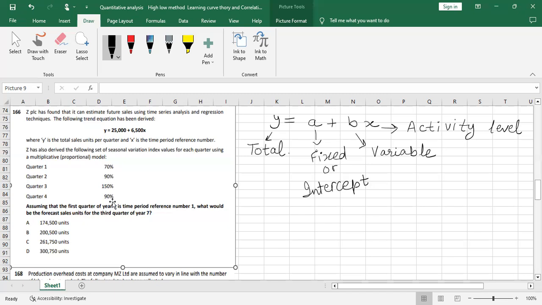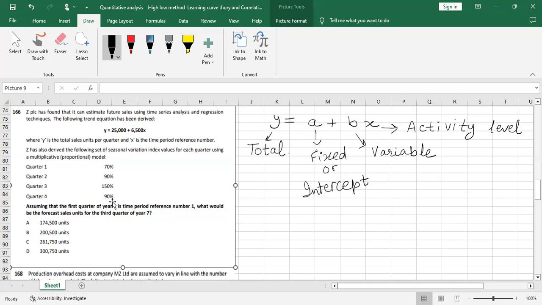Now listen carefully. Quarter 1 for year 1 is denoted by number 1. Quarter 2 for year 1 is denoted by number 2. Quarter 3 for year 1 is denoted by number 3. Quarter 4 for year 1 is denoted by number 4.